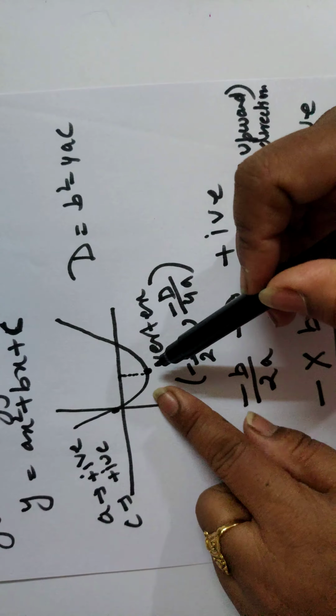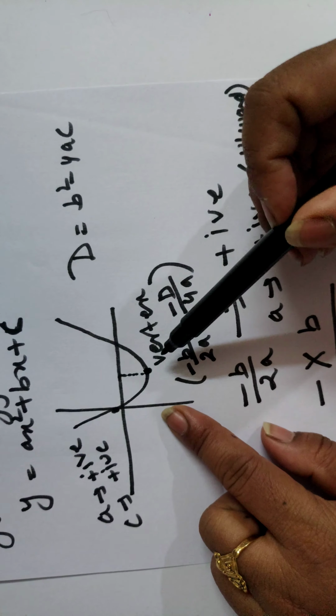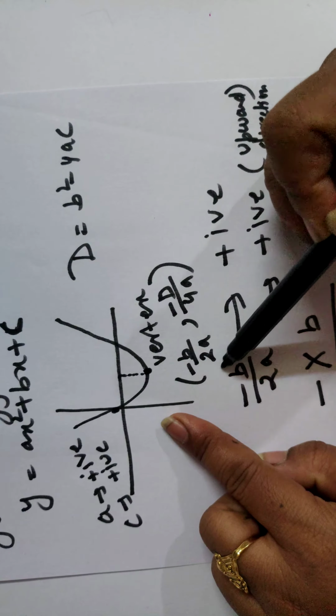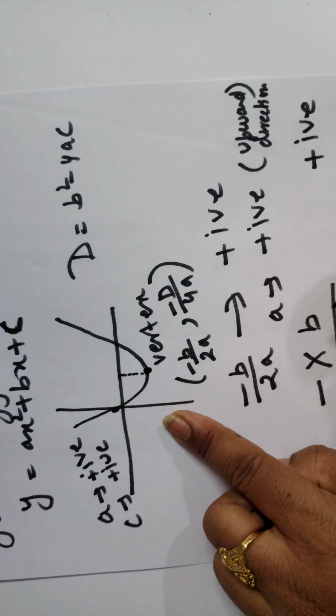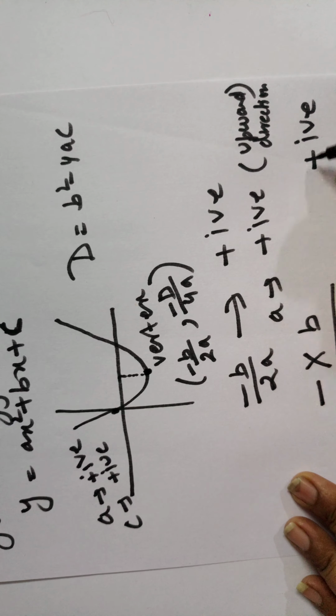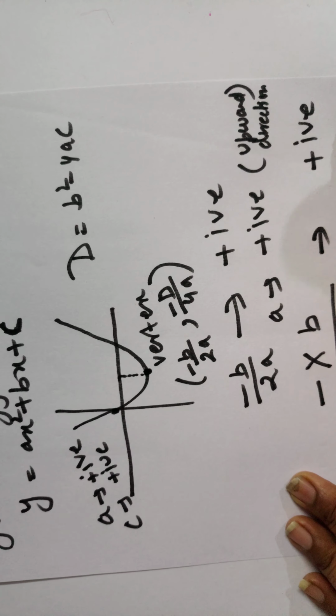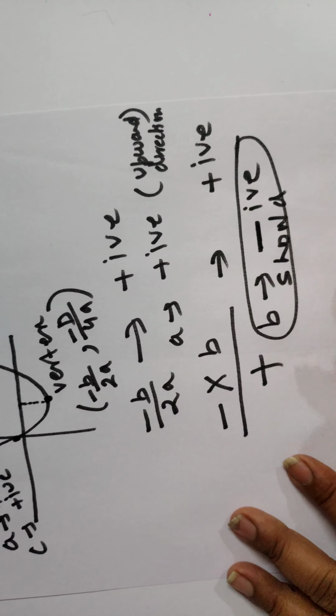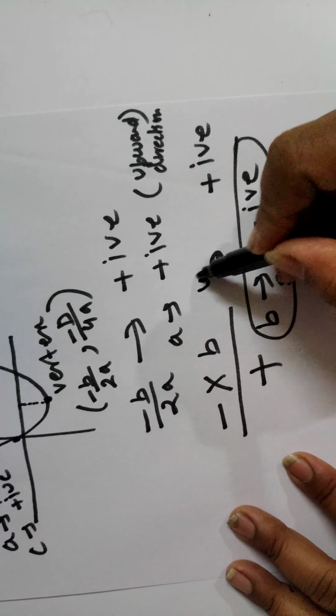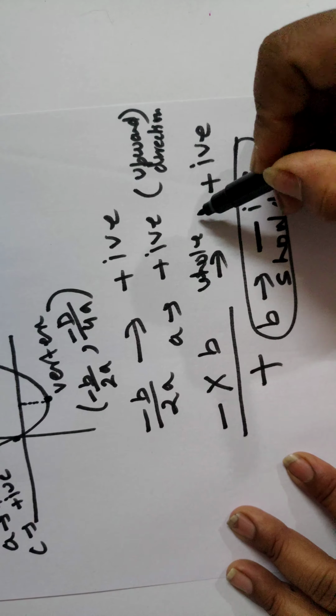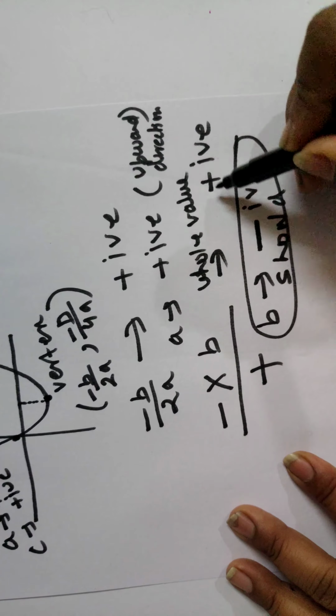Why must the whole quantity be positive? Just pay attention: minus b upon 2a. We have the x coordinate positive here. So how can we get it positive? Only when b is negative can we get the whole value positive.